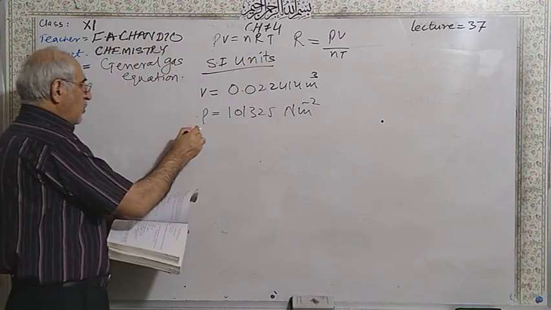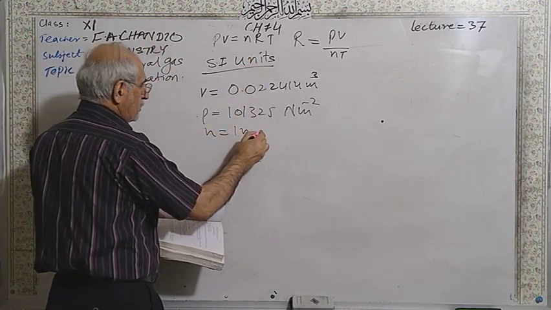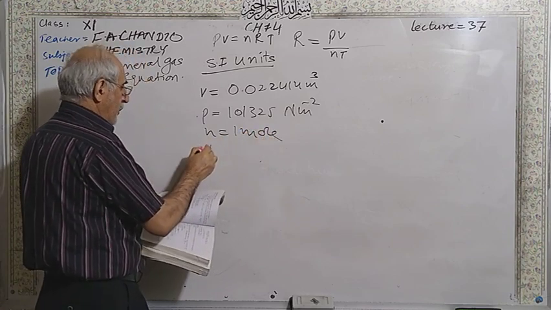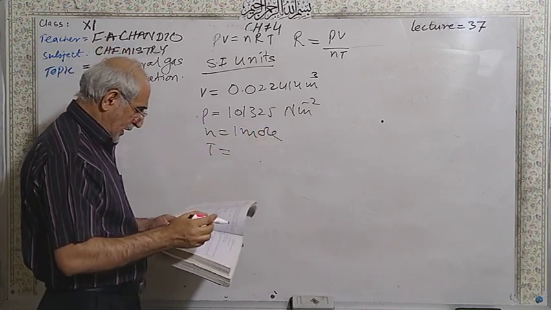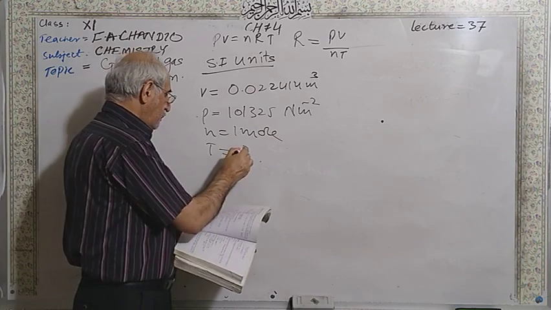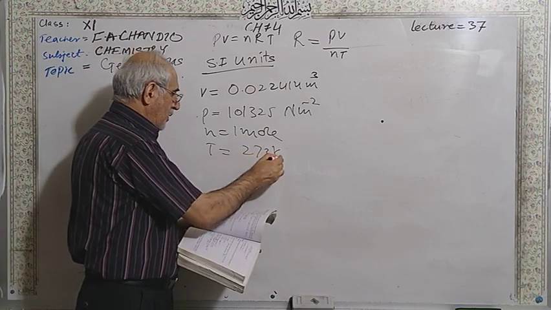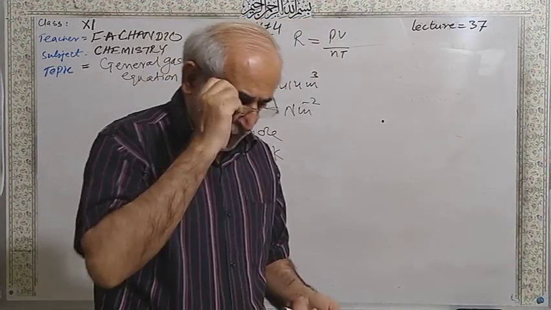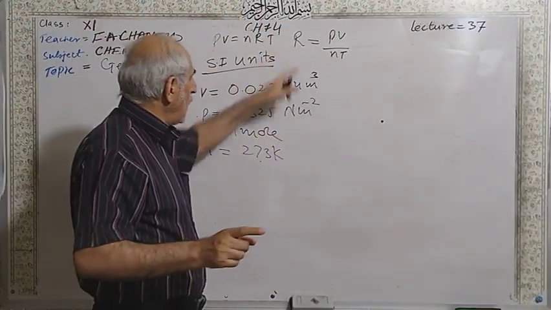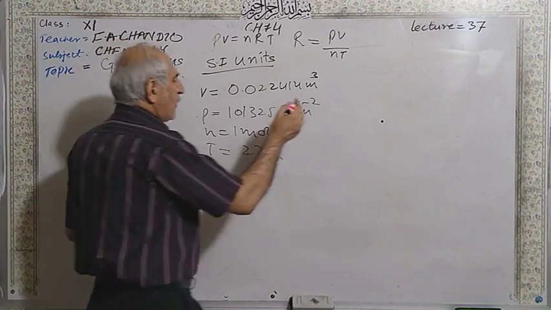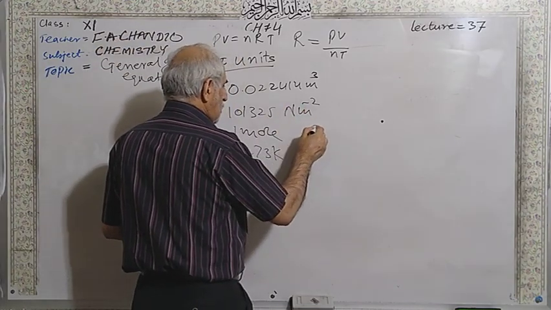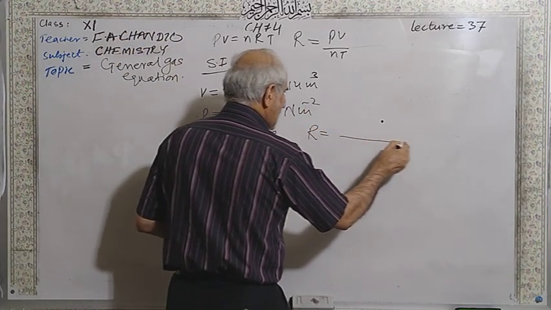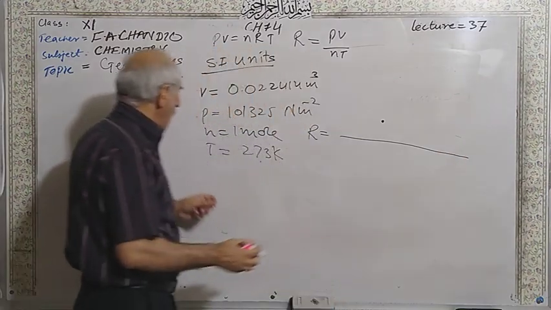Otherwise, the number of moles is the same, 1 mole, and temperature is the same, 273 Kelvin. These are the values you have to put in this formula, and you will be able to calculate the value of R, the universal gas constant.